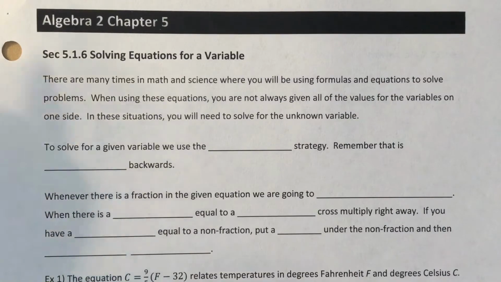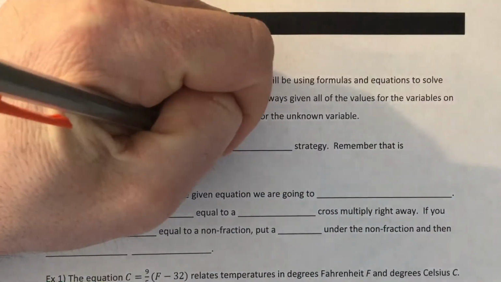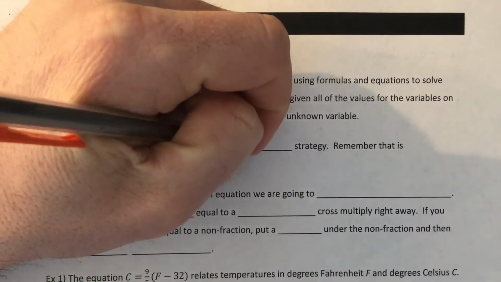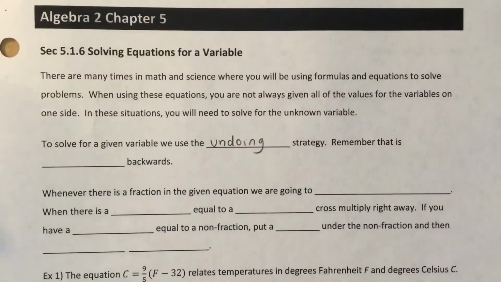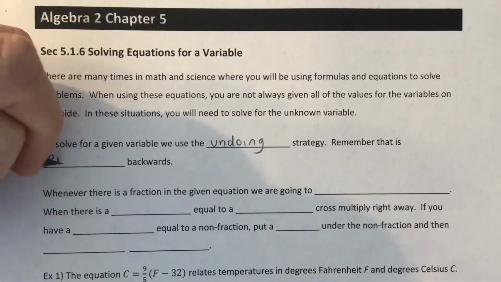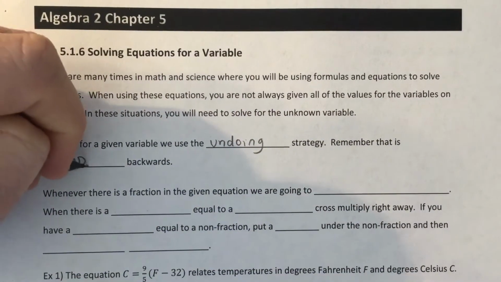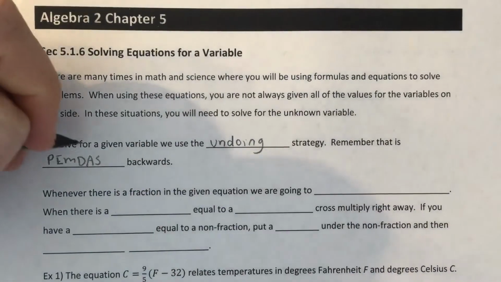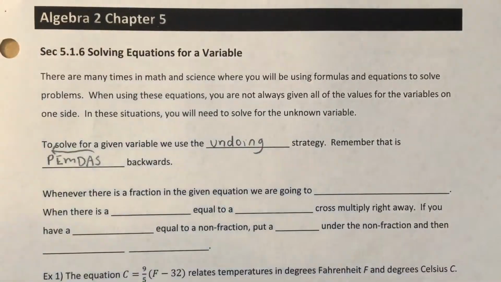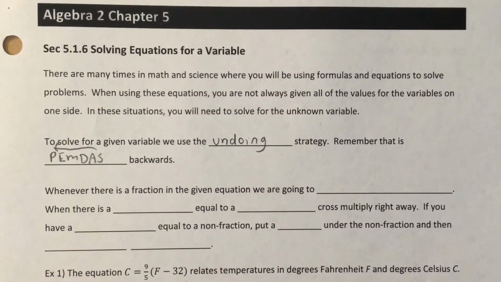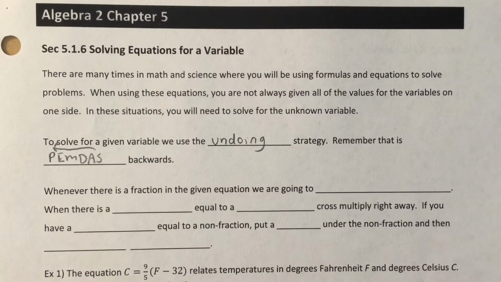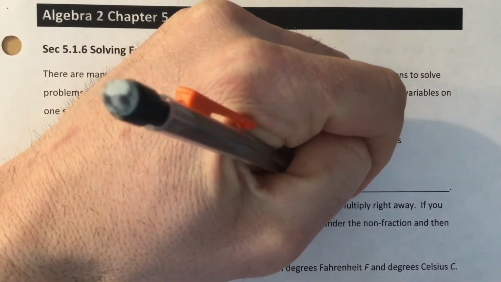So to solve for a given variable, we use the undoing strategy. Remember, the undoing strategy is PEMDAS backwards. Whenever there's a fraction in the given equation, we're going to cross multiply.